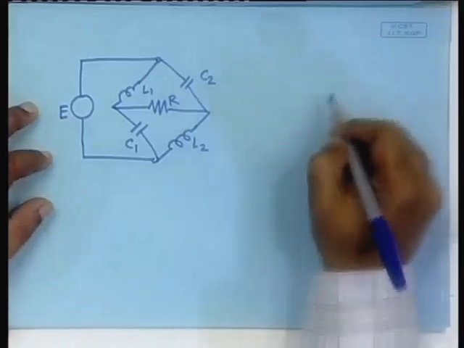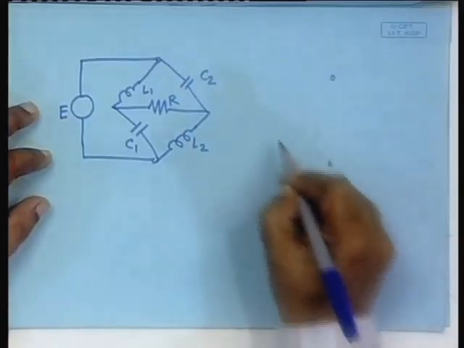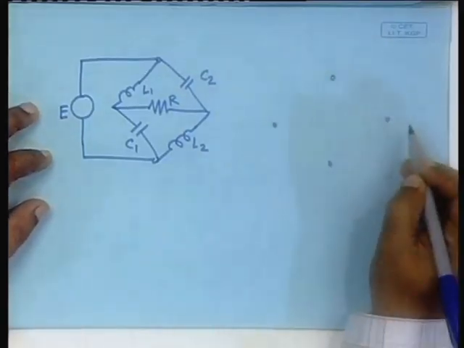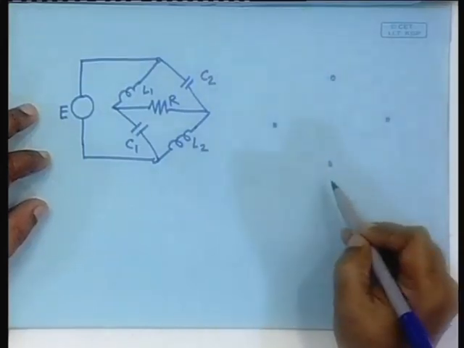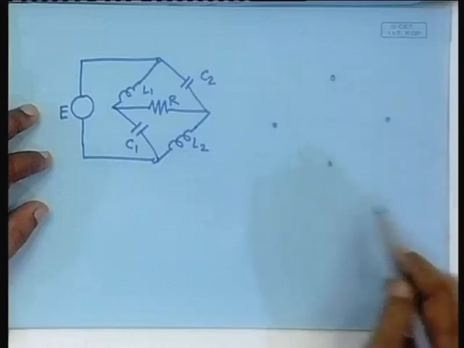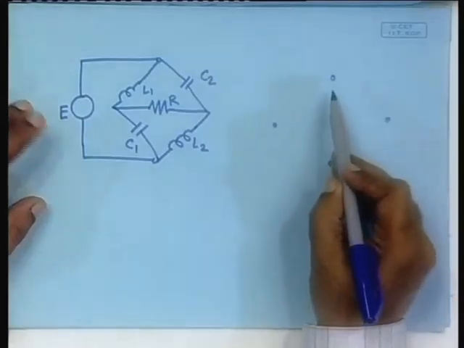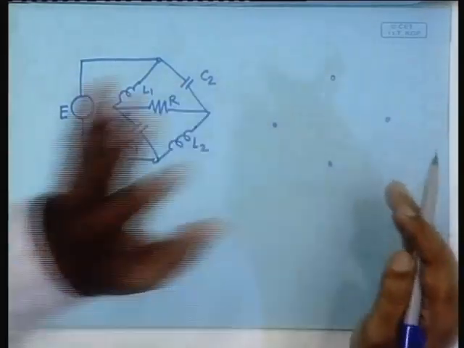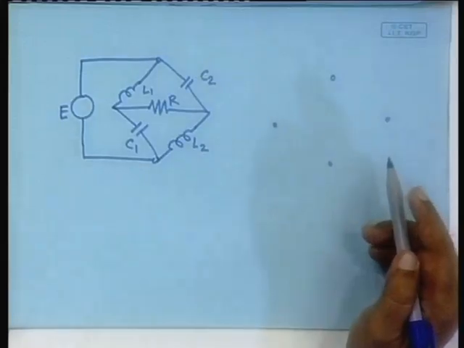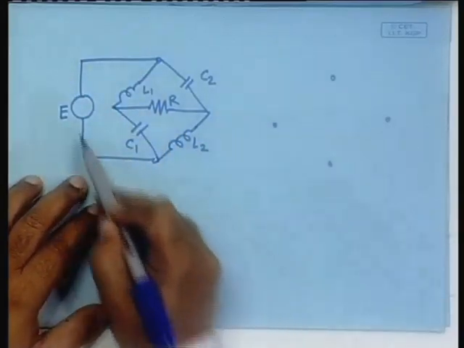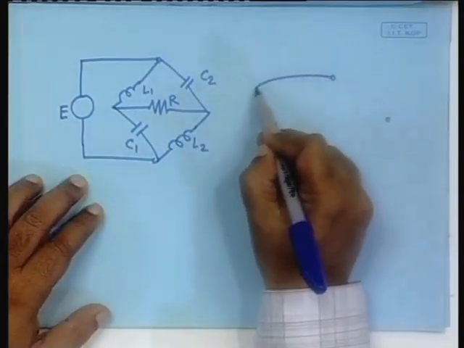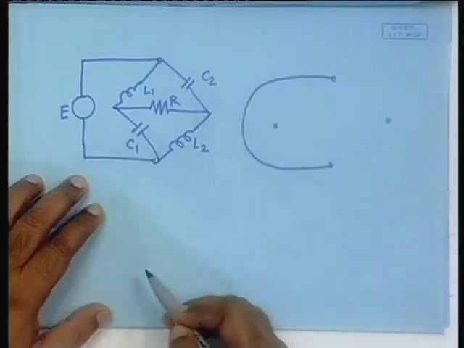The graph will contain these as the branches. Now, let us try to directly identify the basic tree, the standard tree. Standard tree should contain this branch.